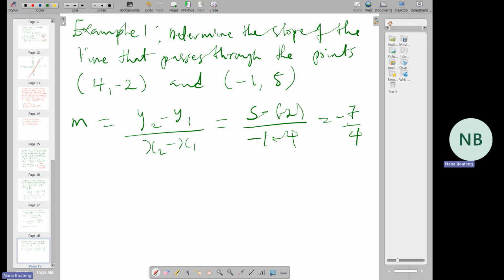There are two ways of representing the equation of a line. We have the point slope form, and we also have the slope intercept form.